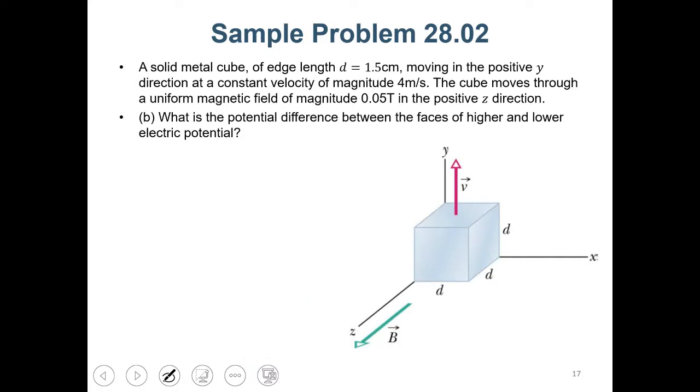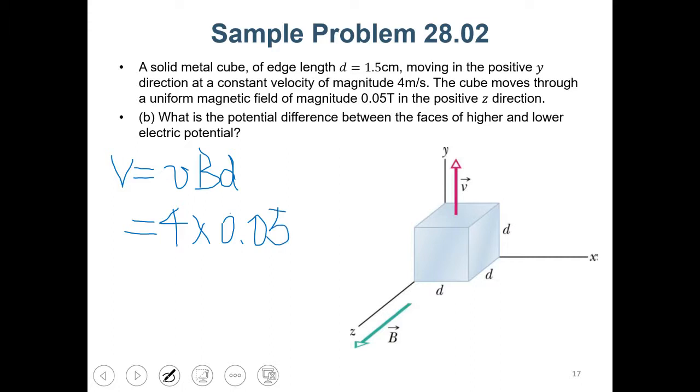So the next one is, what is the potential difference between the faces of high and low electric potential? So actually it's just V equals vBd. So it's simply 4 times B, which is 0.05, times d, which is 0.015.